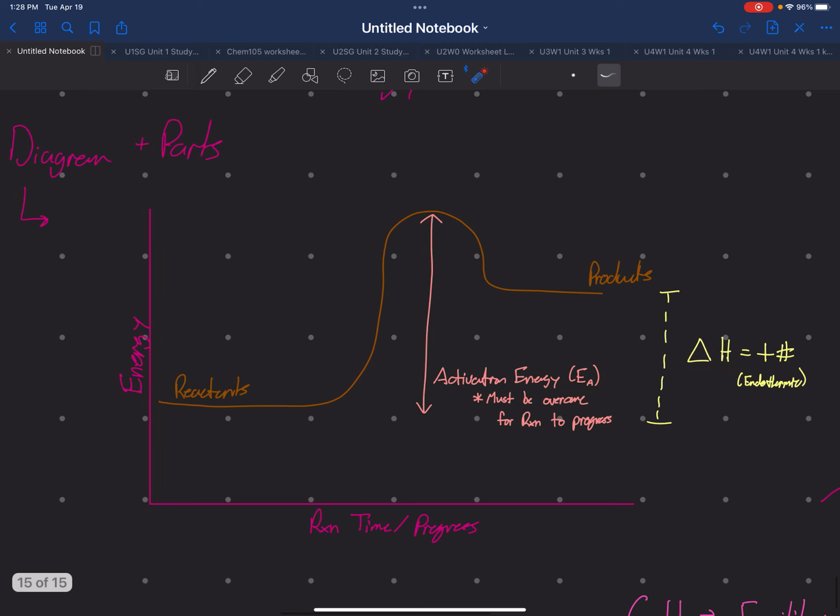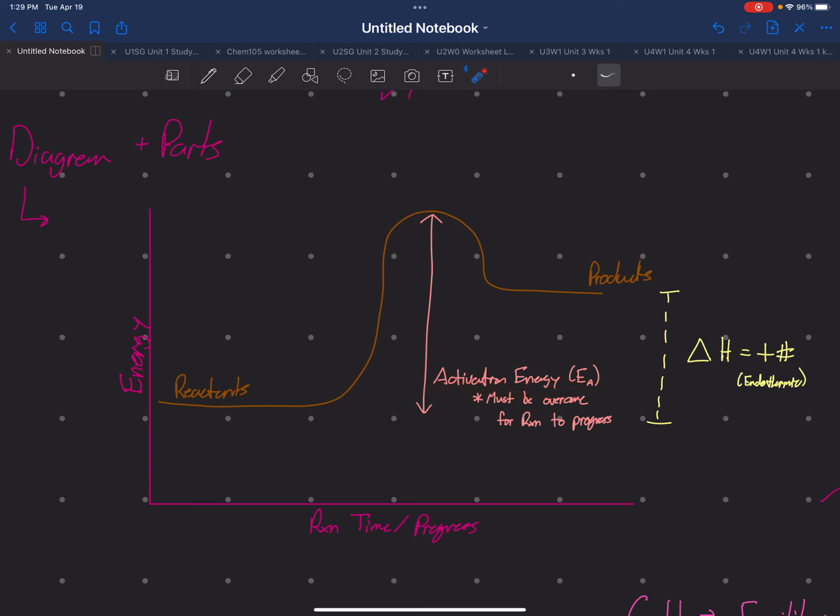Okay, so there's going to be a hump. There will always be this hump. Before the reactants go to the products, they have to overcome this threshold called the activation energy, right?